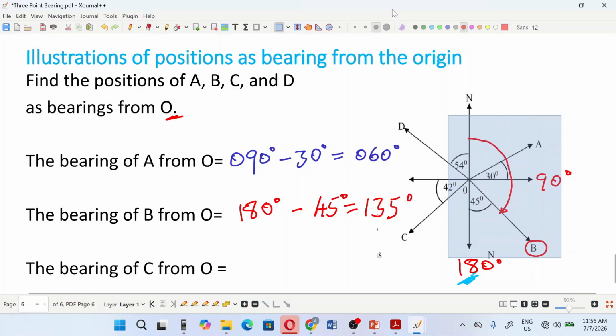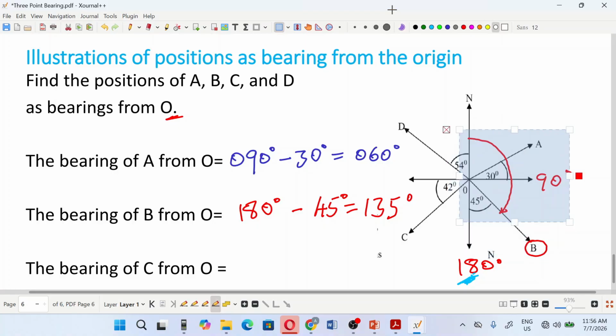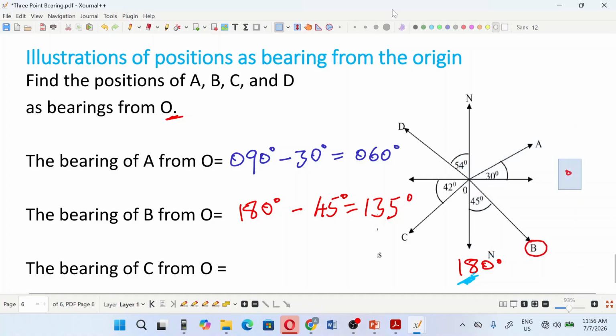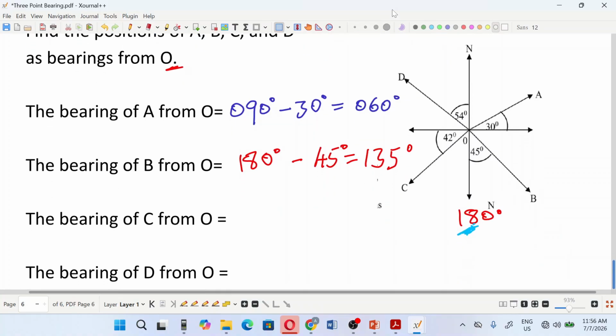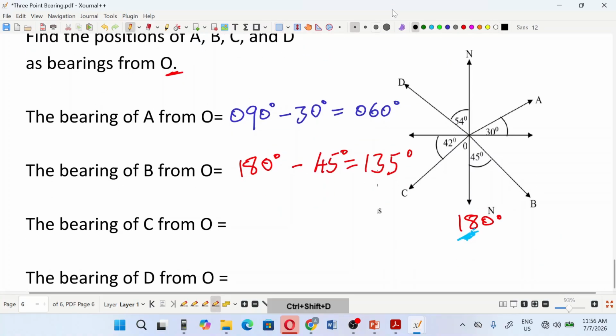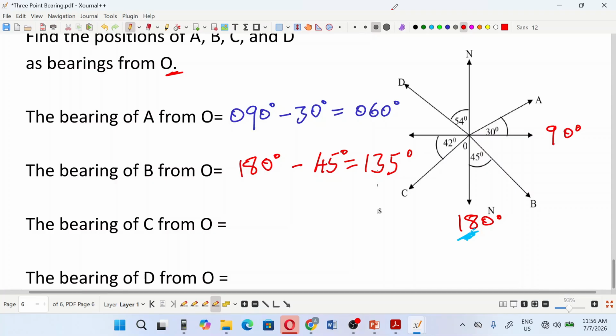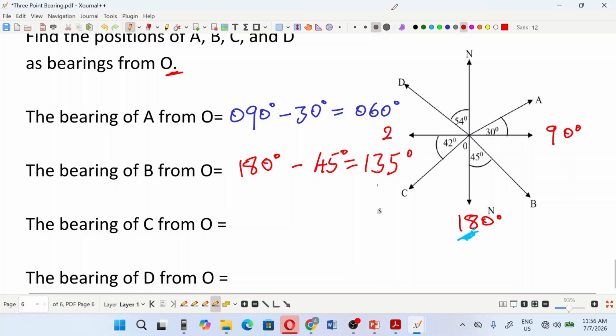The bearing of C from D. All right, so now we're looking at the bearing of C from D. This is already 90. So we already have our second quadrant. Remember, this second quadrant is going to be 270 degrees, right?